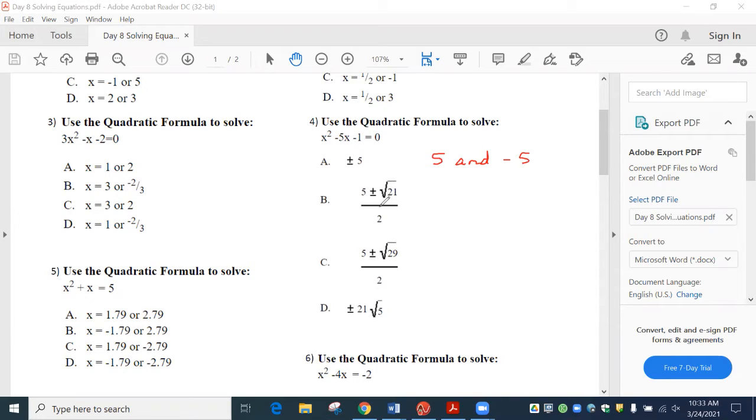This right here is 2 separate kind of problems. So this is a 5 plus the square root of 21 over 2 and 5 minus the square root of 21 over 2. Okay. So what are we doing?